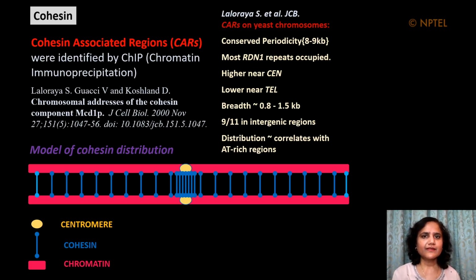We observed the selective enrichment of certain sequences but not of others in the MCD1 chromatin immunoprecipitates. Thus, we identified specific sequences to which cohesin binds in yeast cells, and we named these sequences Cohesin Associated Regions, abbreviated as CARs, in analogy with SARs and MARs, other previously identified putative DNA elements that were thought to be determinants of higher order chromosome structure.